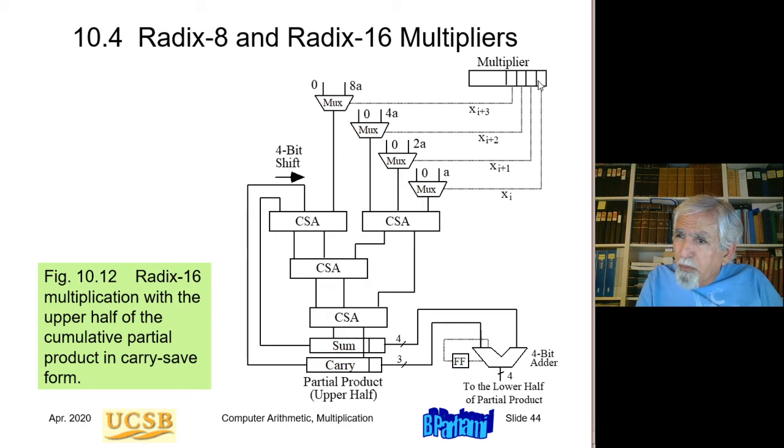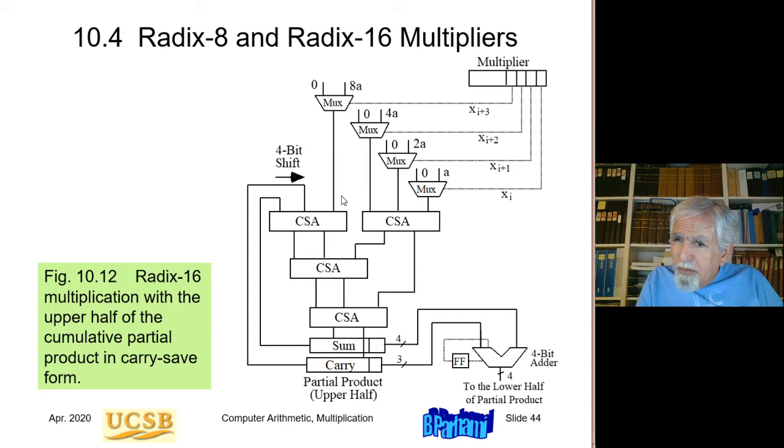So these are the 4 bits of the multiplier, xi, xi plus 1, xi plus 2, xi plus 3. They're used to select 0 or a for xi, 0 or 2a for xi plus 1, the next 0 or 4a, 0 or 8a. So 4 values collectively represent the product of these 4 bits by a, the multiplicand.